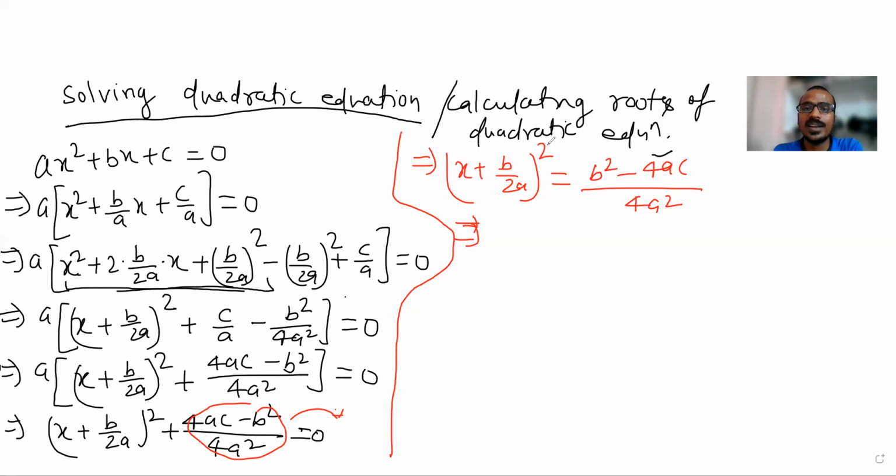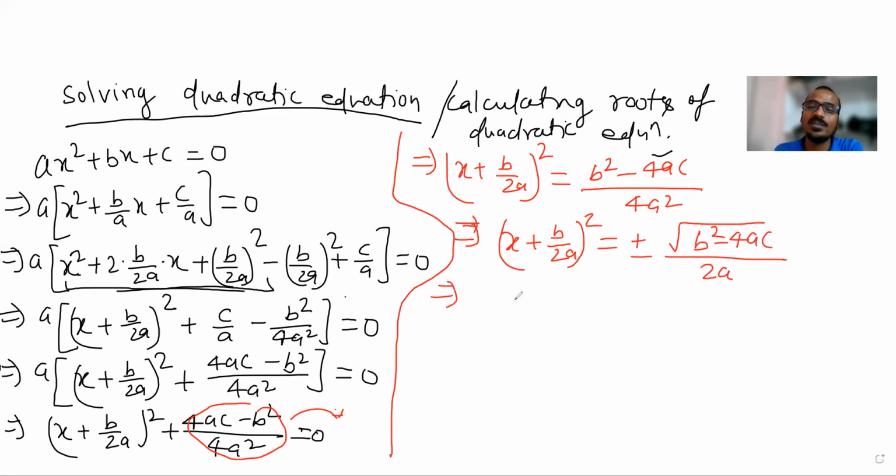Now take the square to the right side, then x plus b by 2a, to the whole square is equal to, then the square goes to the right side and is converted into a square root. Then this becomes plus minus square root of b square minus 4ac by square root of 4a square, what will it become, guys? 2a. So it will become what? Sorry, the square will go to the right side and the a square will not appear at this point.